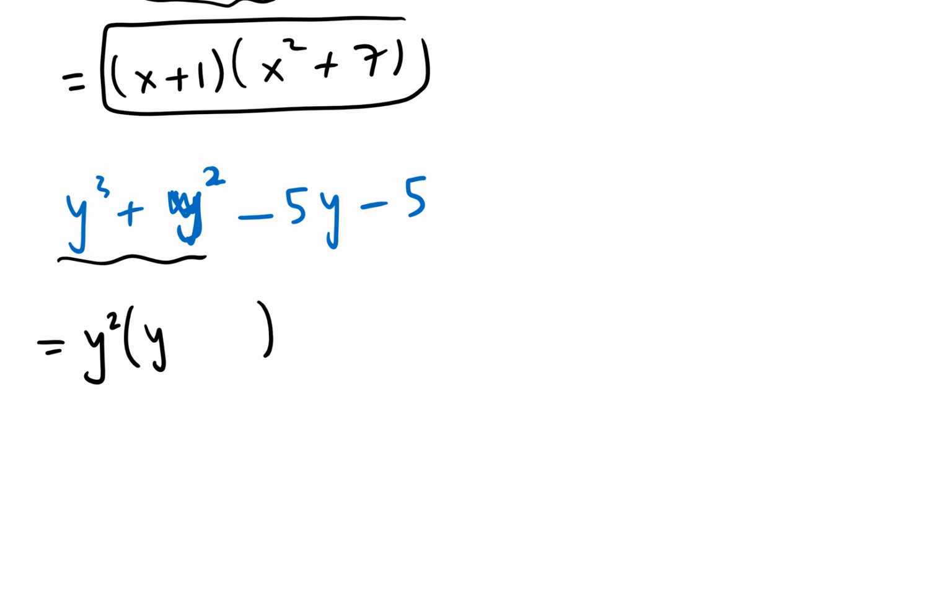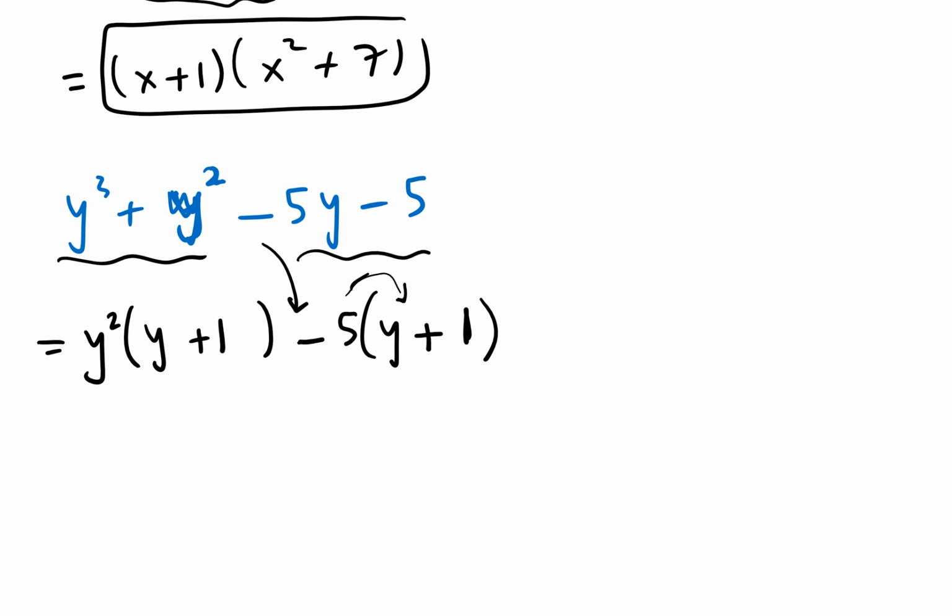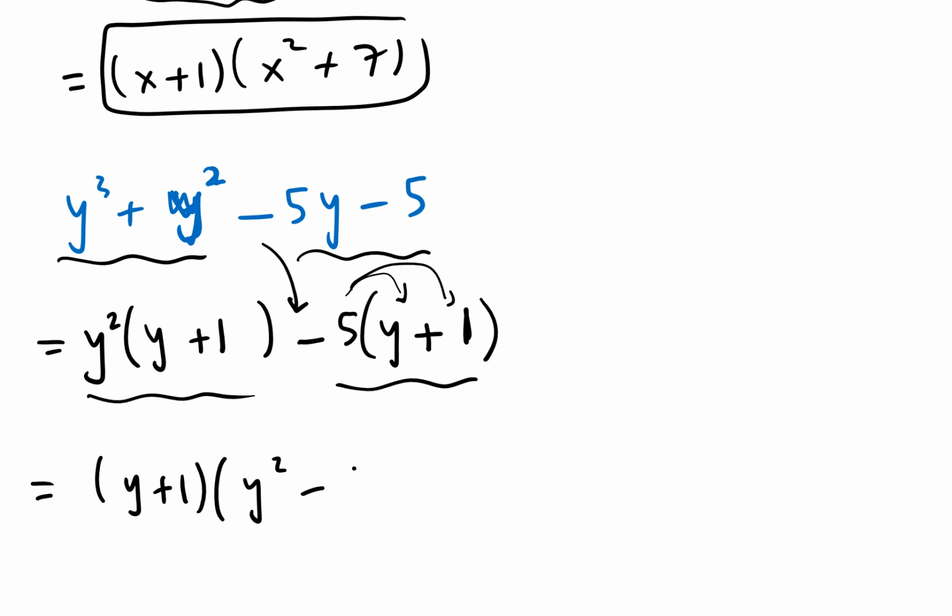What is left? y plus 1. Now there's a minus here. Common among these two is 5, so I took negative 5 out, not just 5. So what is left is y, not minus, but plus 1. Think about if you multiply this out, you get the first one on the top, and you multiply this, you get minus 5, the last one. So the common factor here is y plus 1, and you get y squared minus 5 left.